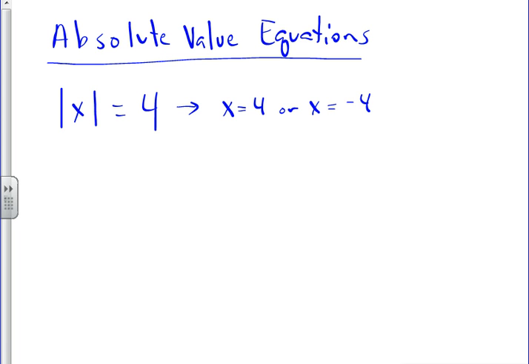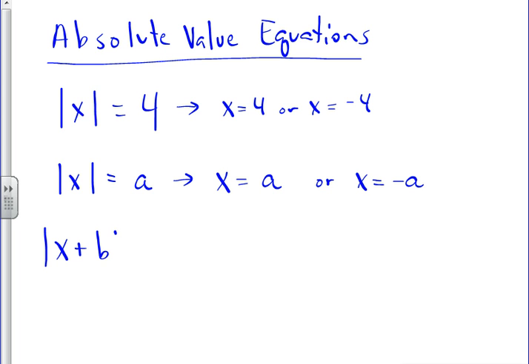And so that leads us to a simple idea, and that is the way you solve an absolute value equation is you get the absolute value by itself equal to a number, and then you write out two equations. The two equations are x equals the positive of the thing it equals, or the negative of the thing it equals. This doesn't change if there's something with the absolute value.